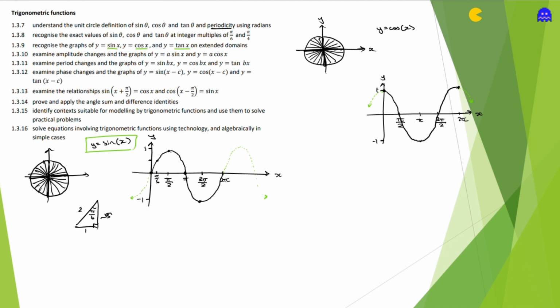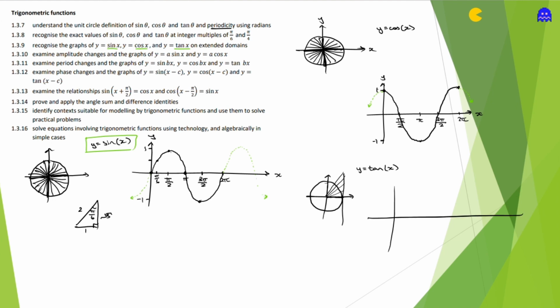Now, in the case of y equals tan x, we have our unit circle here. We have our tangent line. We have 0, increasing up, up, up. Eventually we reach infinity.